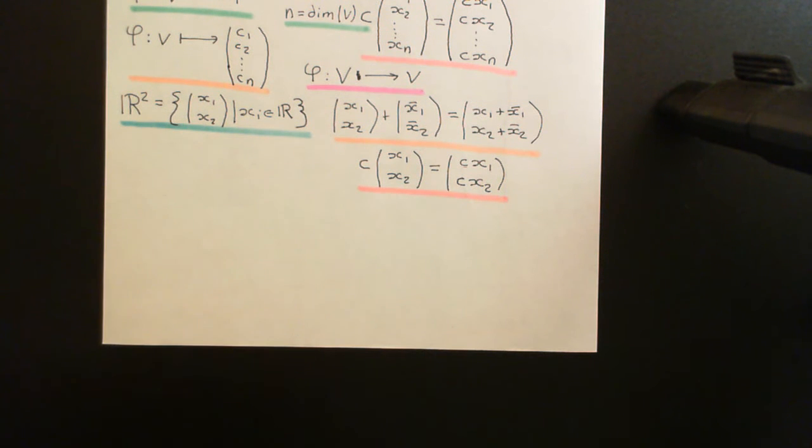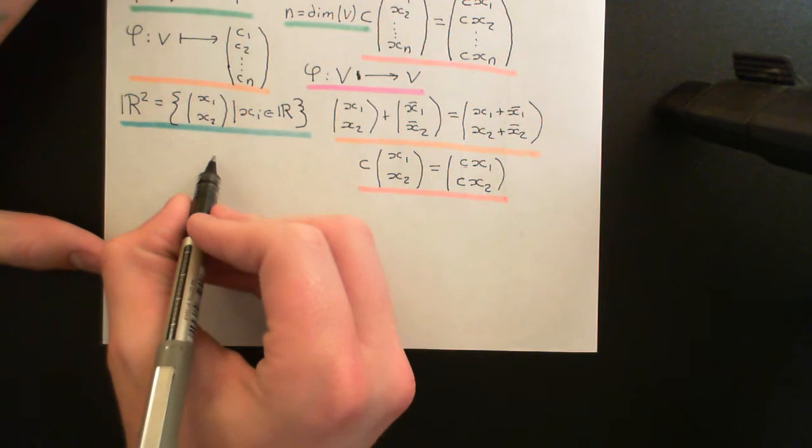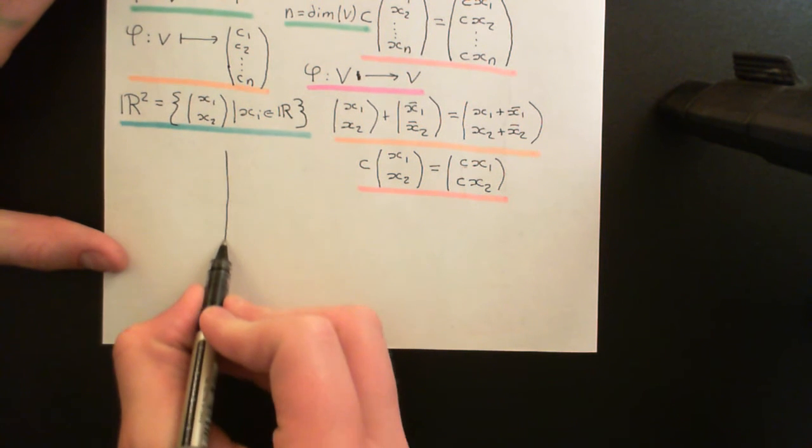However, there is a nice way that we can gain intuition about R2. There is a picture which people often visualize for R2 to help us understand this vector space, and I just want to draw that picture here.